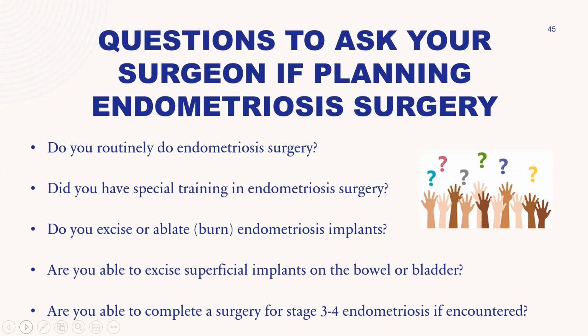In addition, implants on vital organs like the bladder or the bowel can simply not be burned. You cannot burn the bowel or the bladder. So those implants can only be removed by excision. So you need to ask your surgeons straight up, do you excise or do you burn, right? And if they tell you that we just burn endometriosis, they might not be the right person to do your surgery.